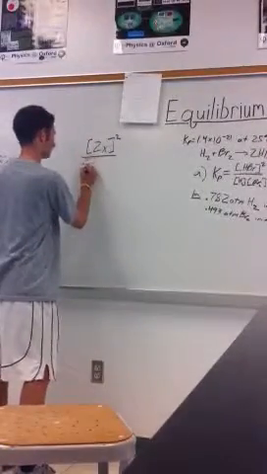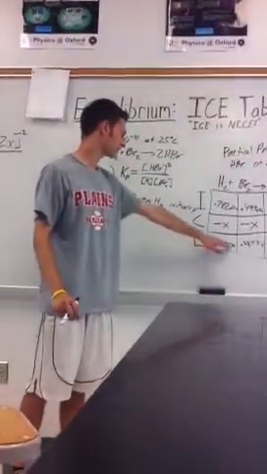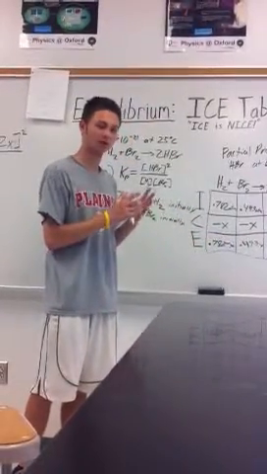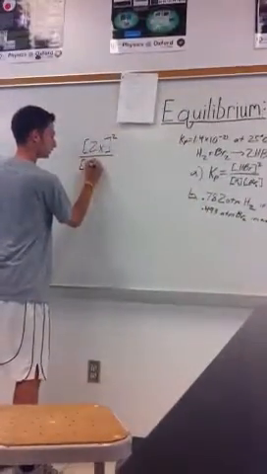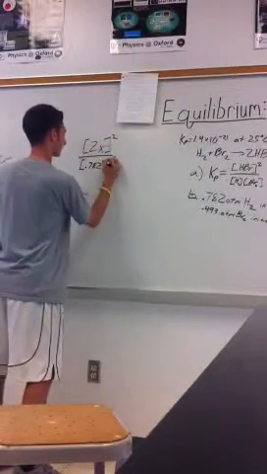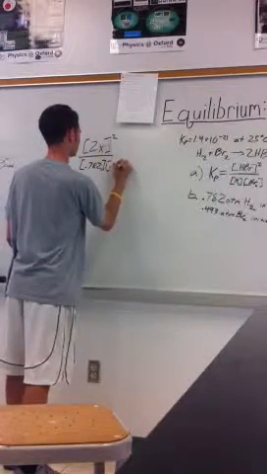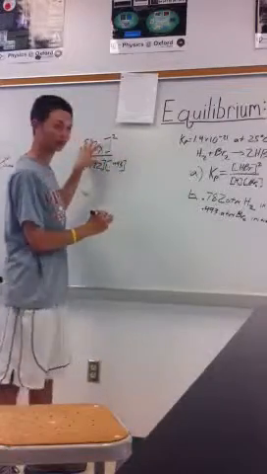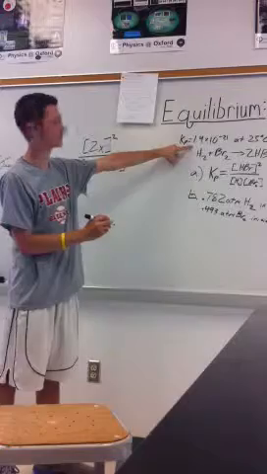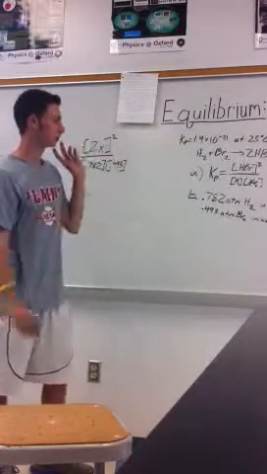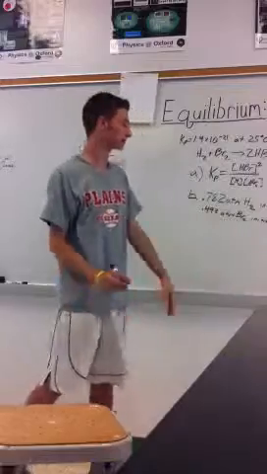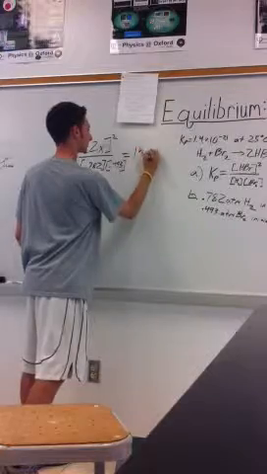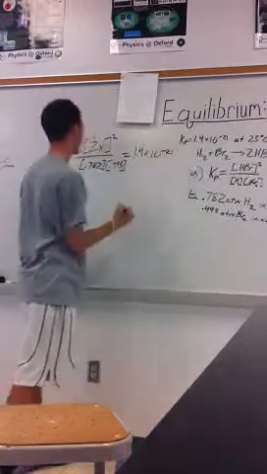So you're going to have 0.782 minus x and 0.493 minus x, but the x's are negligible because there's such a small amount of pressure. So you're just going to have 0.782 and 0.493. This is the Kp expression. This right here equals Kp, which is 1.4 times 10 to the negative 21st. We're solving for x, which is the pressure of HBr. And then you solve for x.